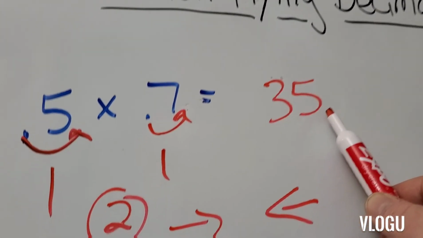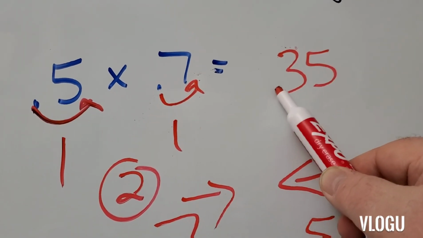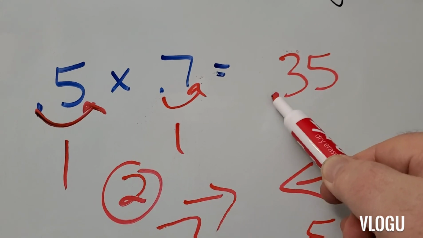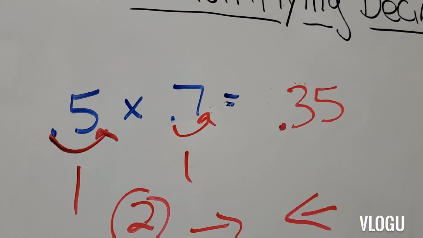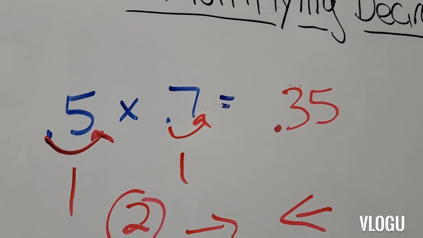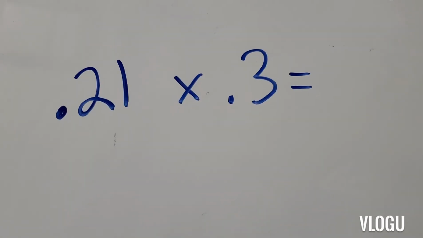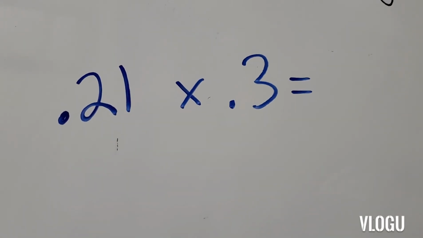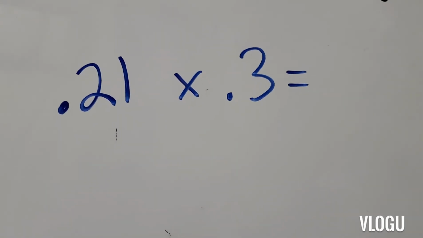And I need to slide to the right 2. Bloop, bloop. And my decimal now goes there. The answer to this problem is 35 hundredths, or 0.35. That may have sounded a little strange, but let's take a look at the next problem.